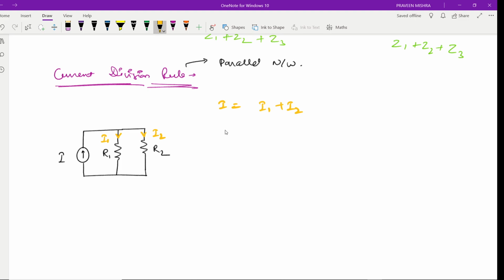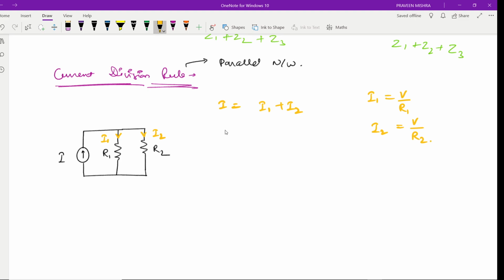So I1 will be equal to V by R1, and I2 equal to V by R2. And I is what? I1 plus I2.